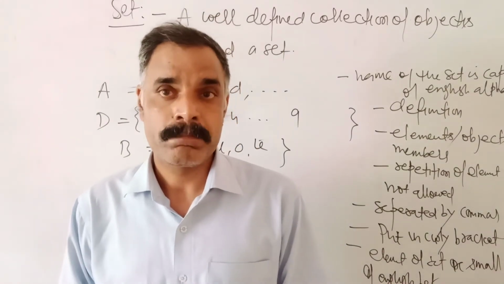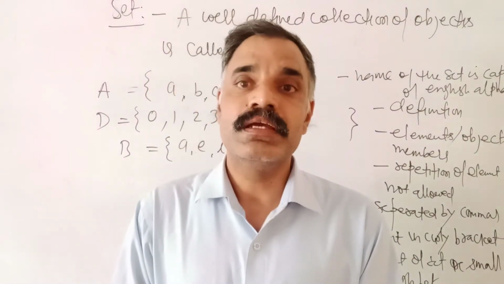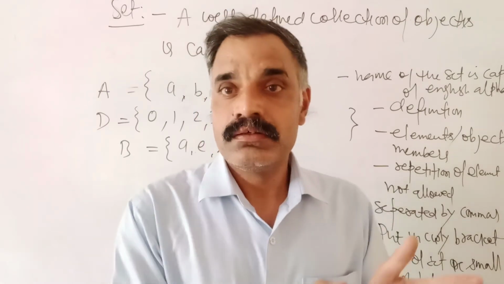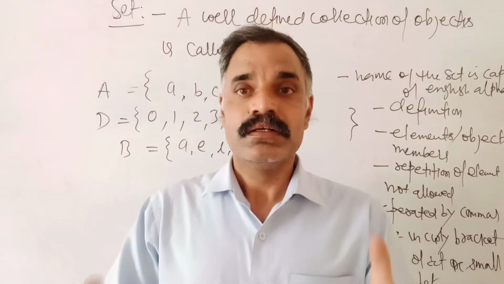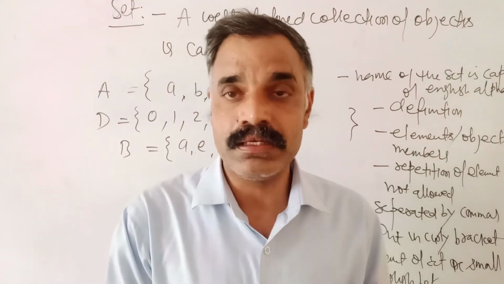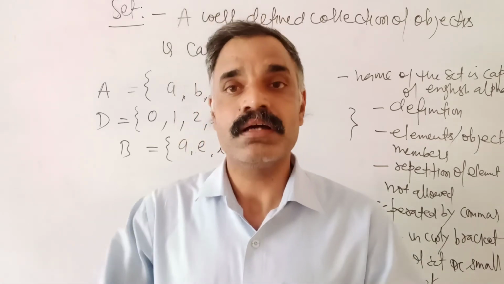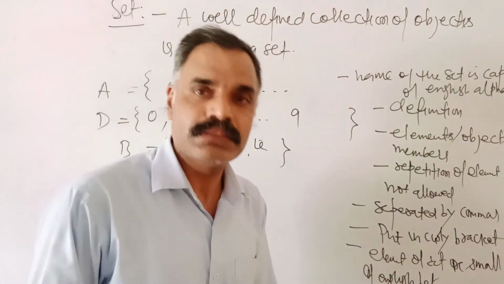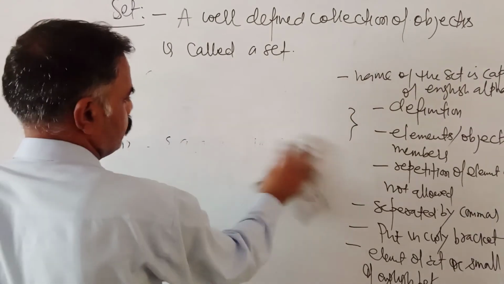Now we will learn the methods by which we can write or represent a set. We are now learning the formation of the set, meaning how we will form the set. Formation of a set is very important.